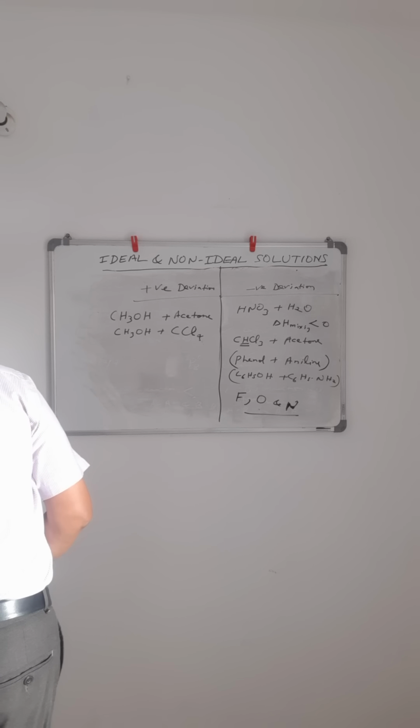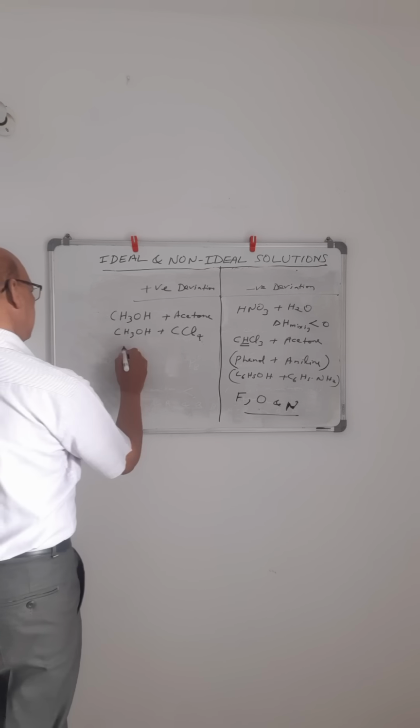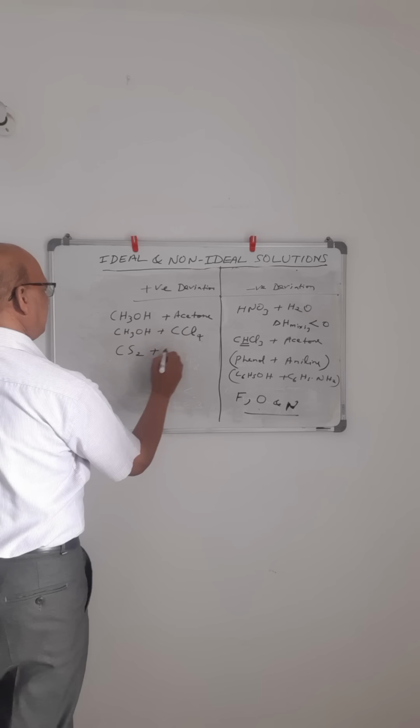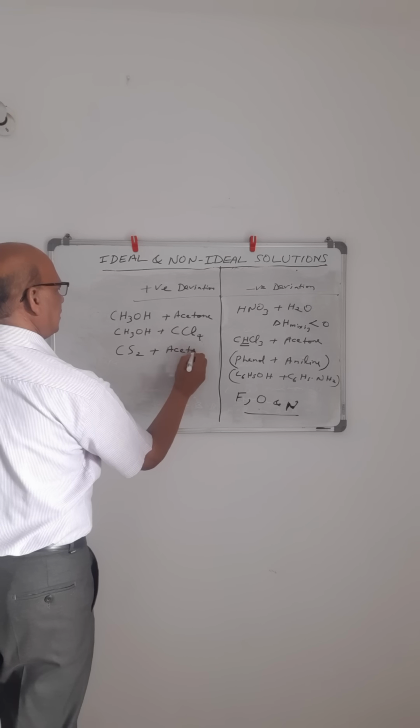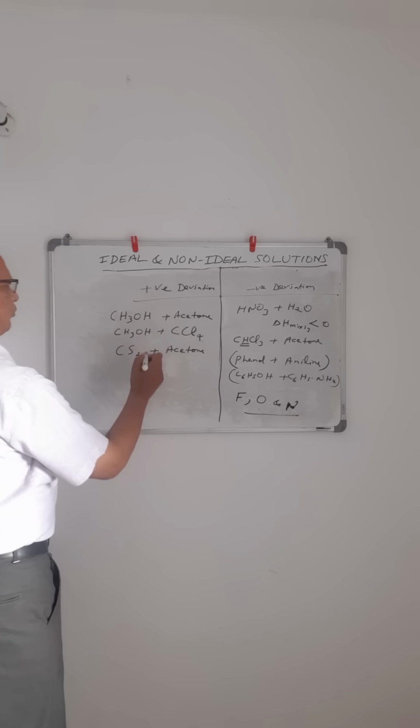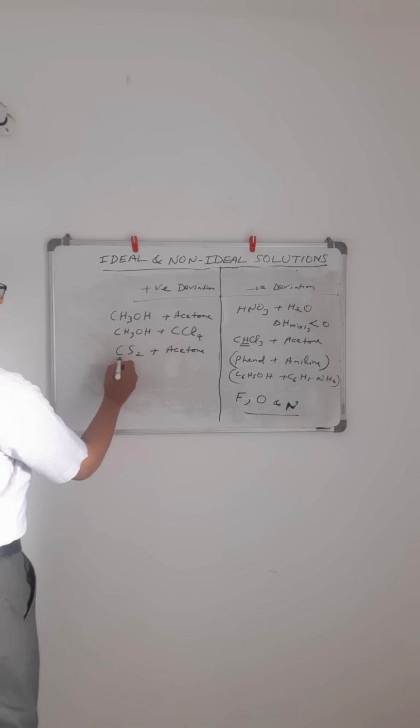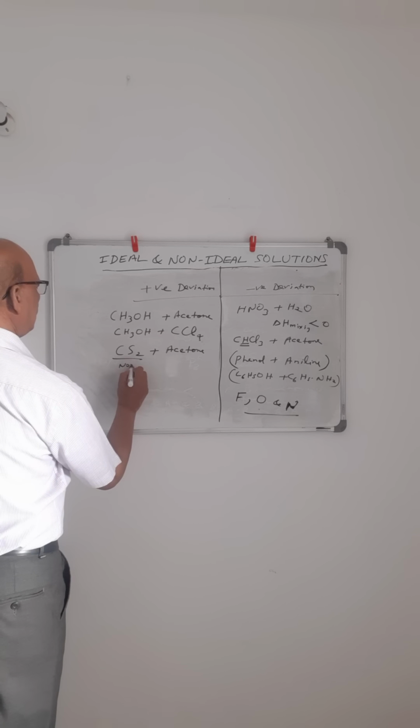Now let us take some more examples. Say I take the example of carbon disulfide plus acetone. It will show positive deviation. Why? Because CS2 is a non-polar molecule.